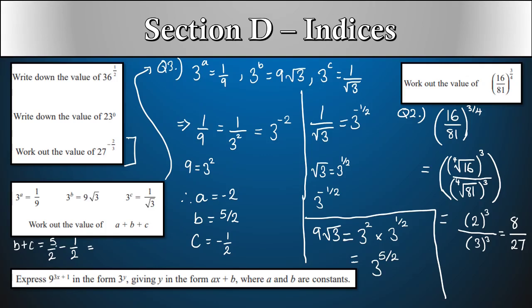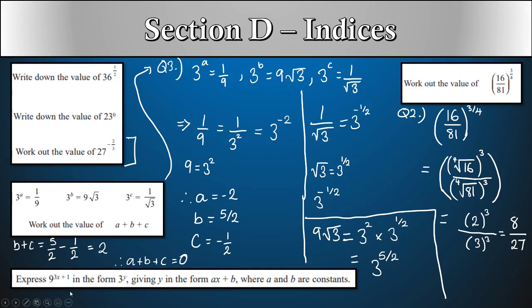So that just leaves me with 4 over 2, which is 2. And then 2 plus minus 2 is 0. So in that case, A plus B plus C is simply 0. So I've done all that work for absolutely nothing because it just comes to 0 anyway. But there we go. So A plus B plus C is just simply 0.